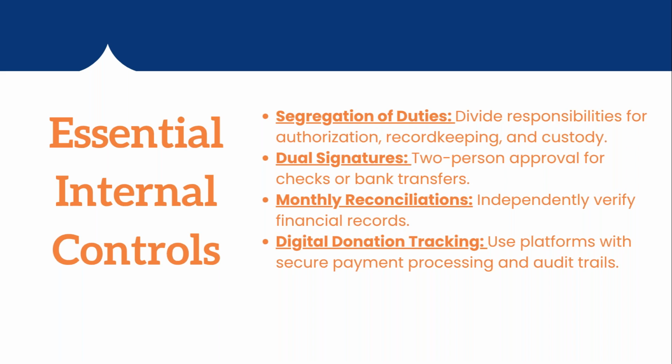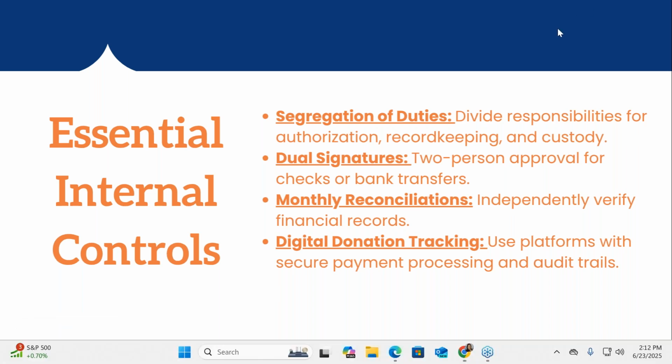Digital donation tracking. Use a platform to secure payment processes and have it readily available to all your staff. I recommend doing monthly reconciliations. Some organizations do quarterly. I wouldn't recommend going past a quarter because the longer the misappropriation continues, the harder it is to backtrack.